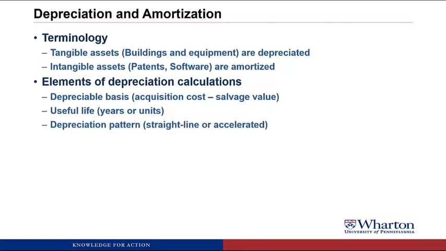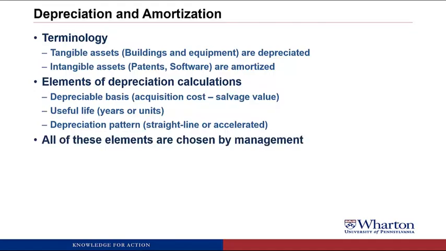And then the final element is the depreciation pattern, either straight line or accelerated, and we'll talk more about this in a second. Remember that all of these elements are chosen by management. Management makes their best estimate at the time they acquire the asset, and they try to choose these estimates in a way to communicate how they plan to use that equipment over time.